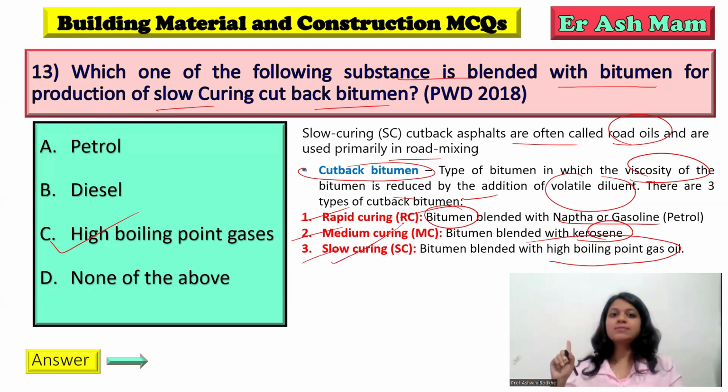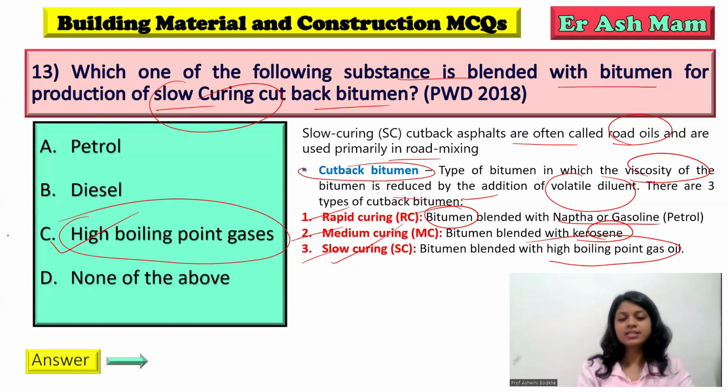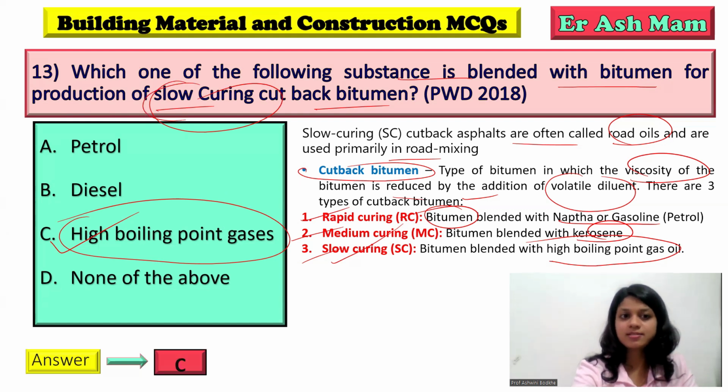So it depends upon which type of volatile diluent you blend with bitumen. Here, the question is about slow curing. Therefore, if you blend high boiling point gas with bitumen, then you will get slow curing cutback bitumen. Answer is C.